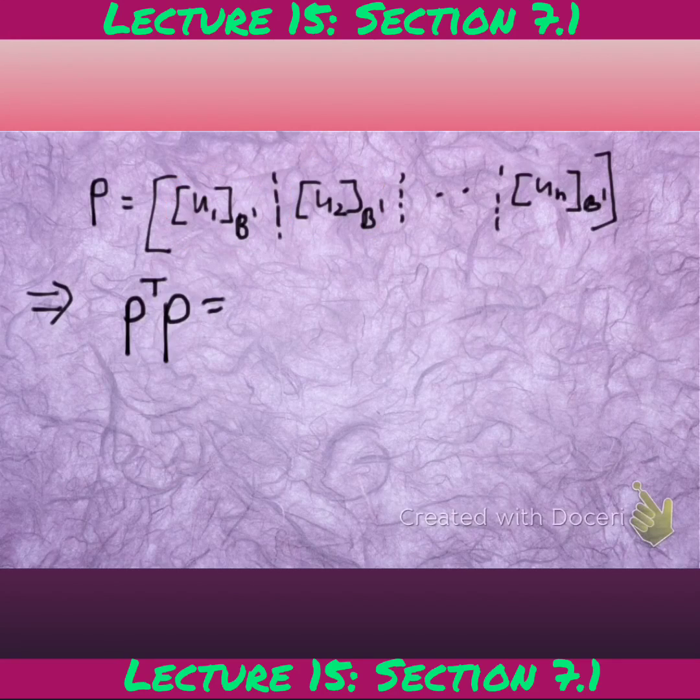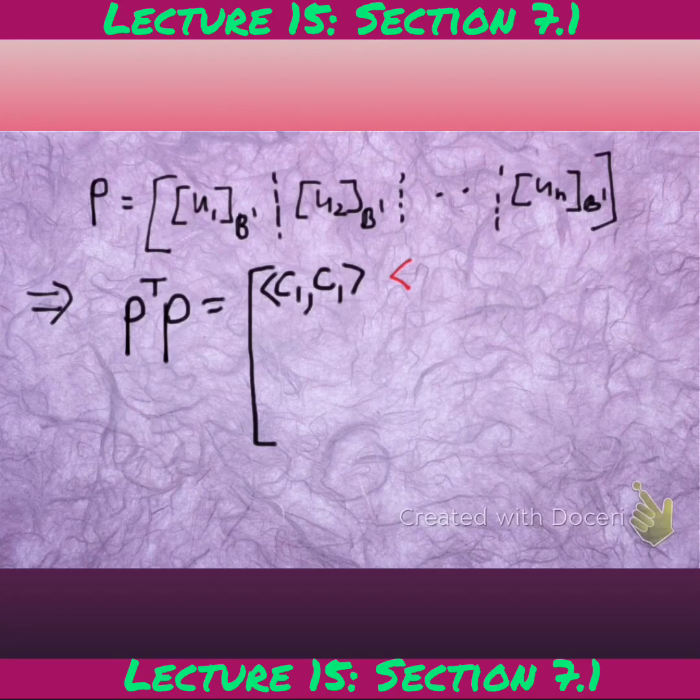So if you work that matrix out, I'm just going to use C's again. It's going to be the first row, which is the first column, inner product with the first column vector of P, which is this vector here.